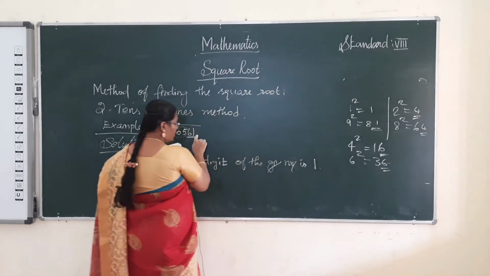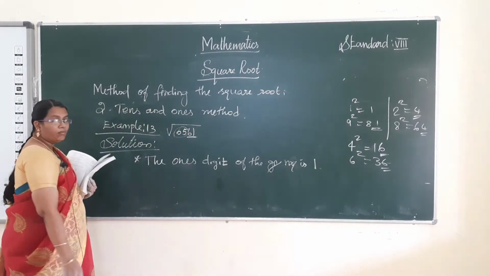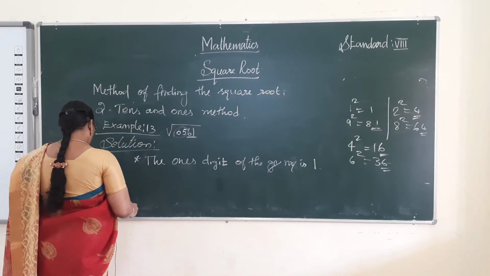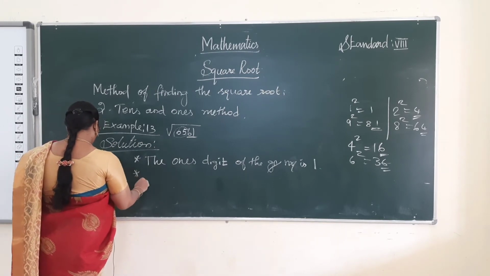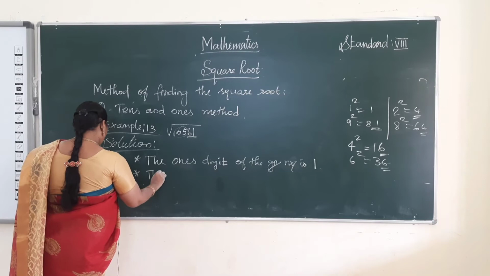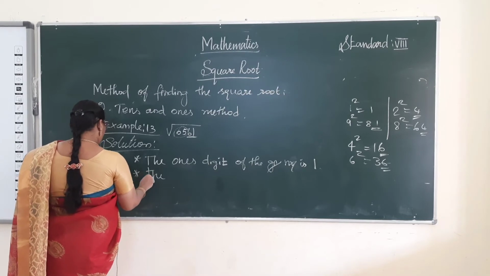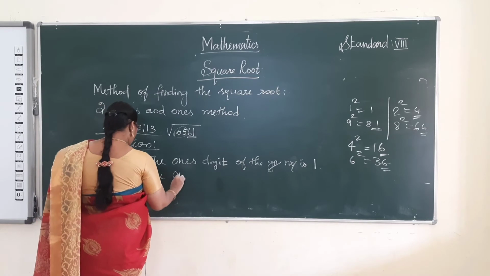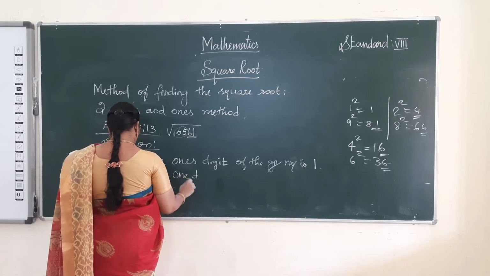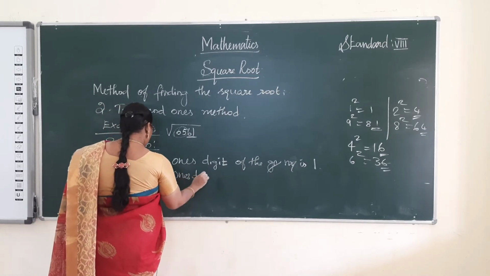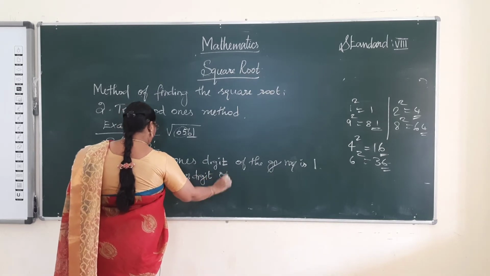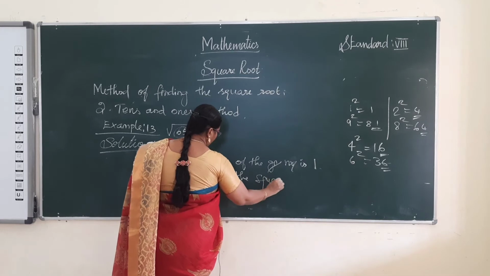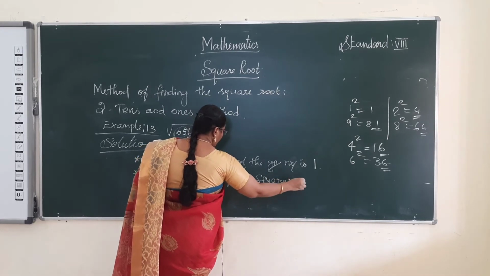Therefore the ones digit of the square root, what are the possibilities?